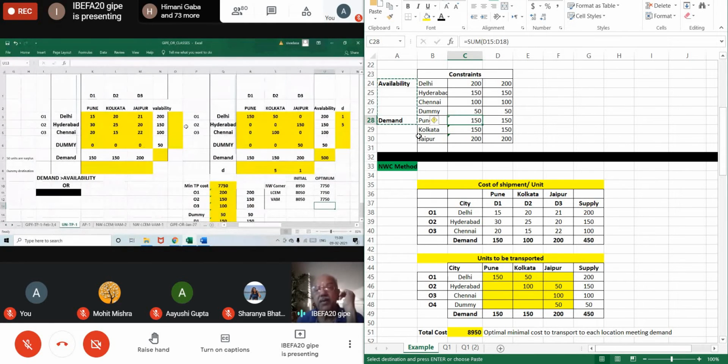A dummy is introduced and converted into balanced, and then do as usual. So remember, in an unbalanced transportation problem, whichever it may be, the dummy may be for production or the dummy may be for destination. That depends on what is shortage.